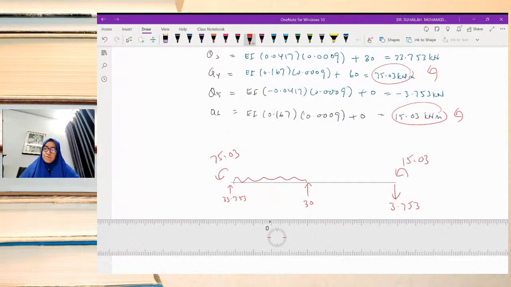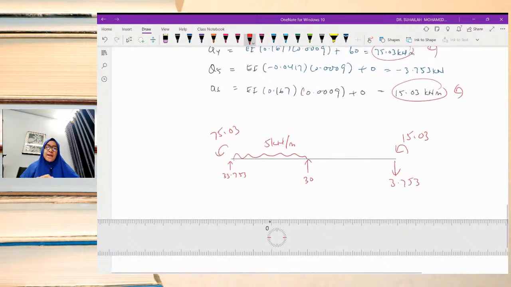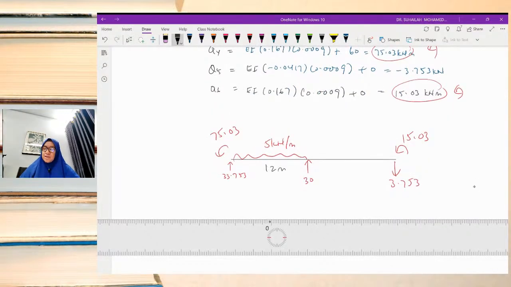UDL is 5 kilonewton per meter, the length is 12 meters.